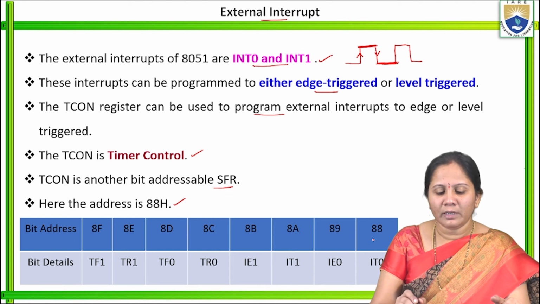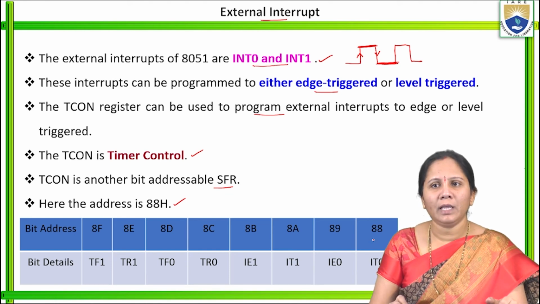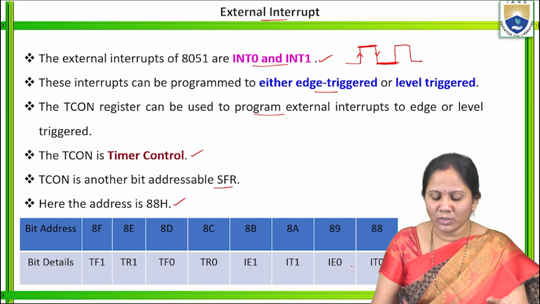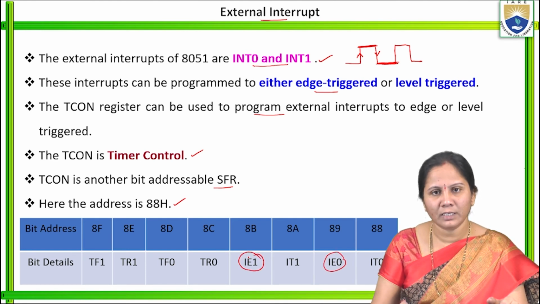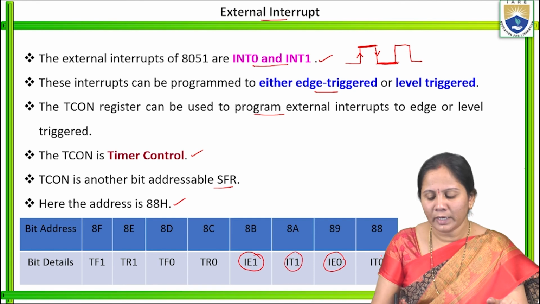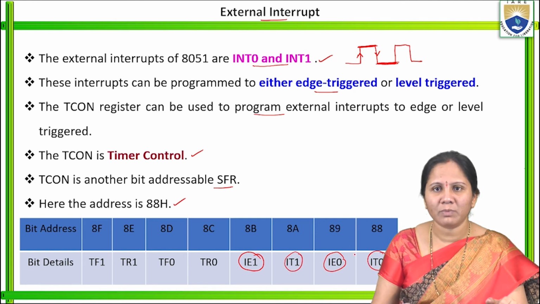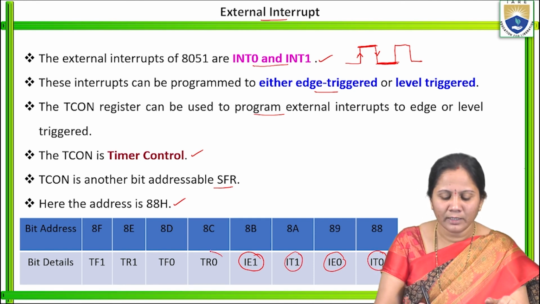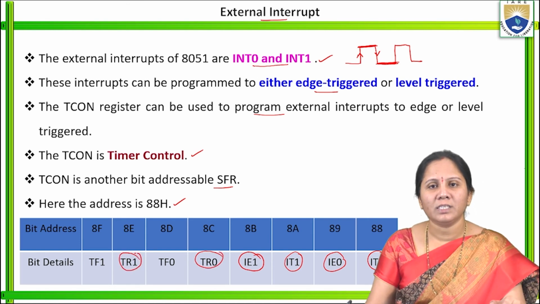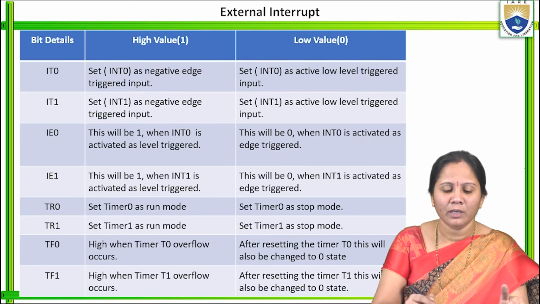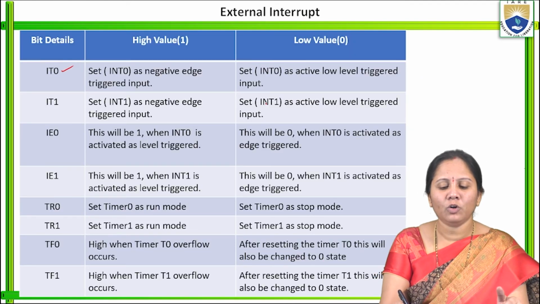Here you can see, in order to handle external interrupts, this is IE0 and this is IE1 related to external interrupts, IT1 and IT0, TR0 and TR1, and another 2 bits are TF0 and TF1. Here this is IT0.